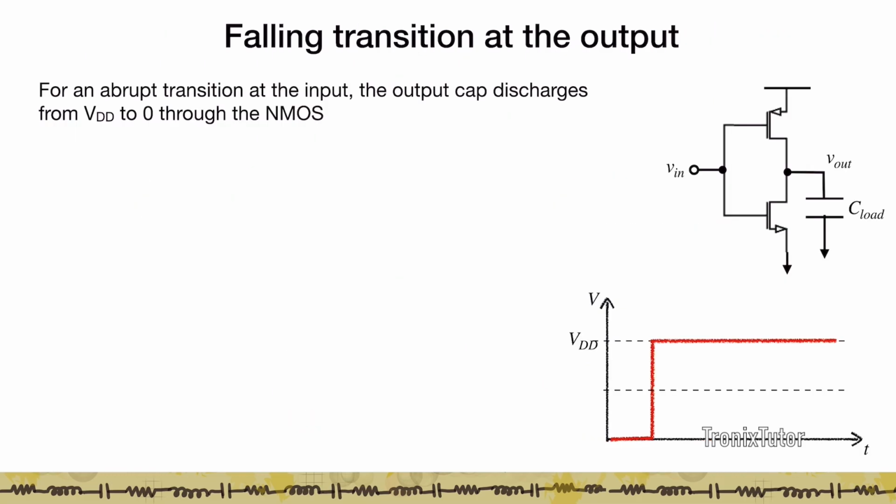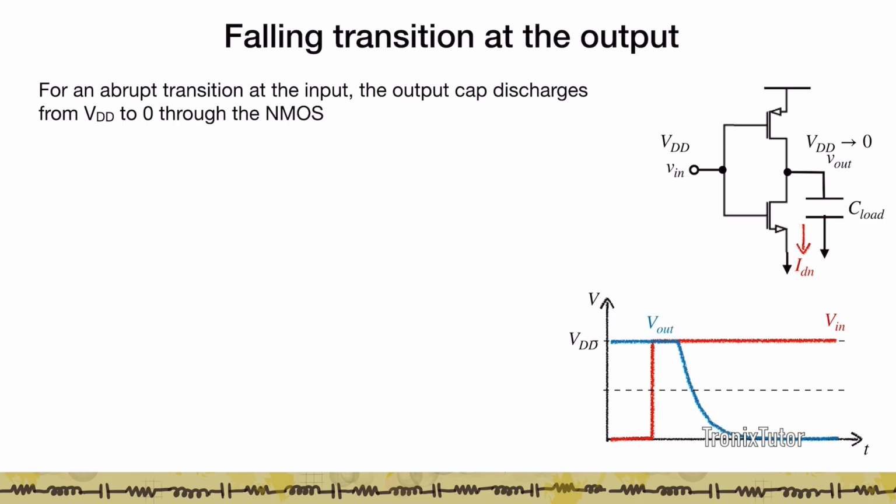Now let's look at an abrupt transition at the input. Essentially, right at this time you applied VIN, and that VIN turns on the NMOS and shuts off the PMOS because VIN rises to VDD. So the NMOS turns on, the PMOS shuts off, and this output node has to transition from VDD to 0, and that discharge is going to happen through the current of the NMOS.